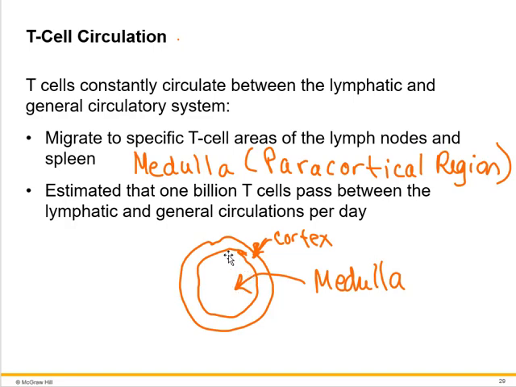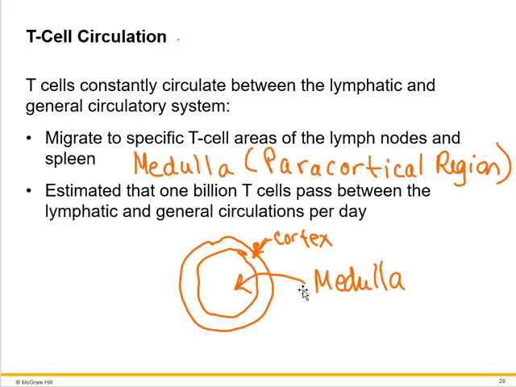This is not just my name for it. Other textbooks do call it the cortex and medulla, but typically the outer portion, and if you think about the kidney or the adrenal gland, they have these two areas, the renal or adrenal cortex, and then they have the renal or adrenal medulla.